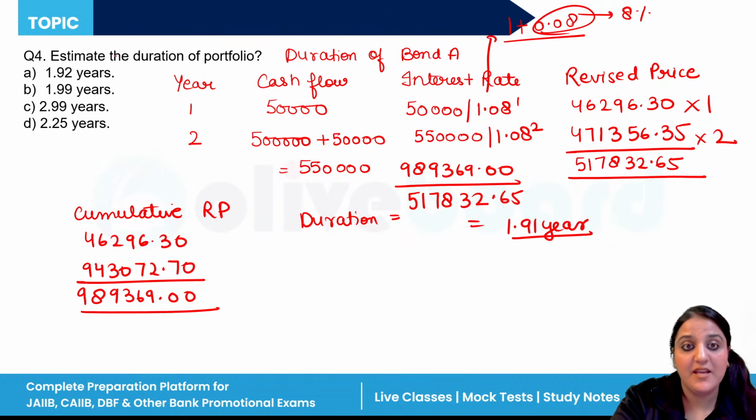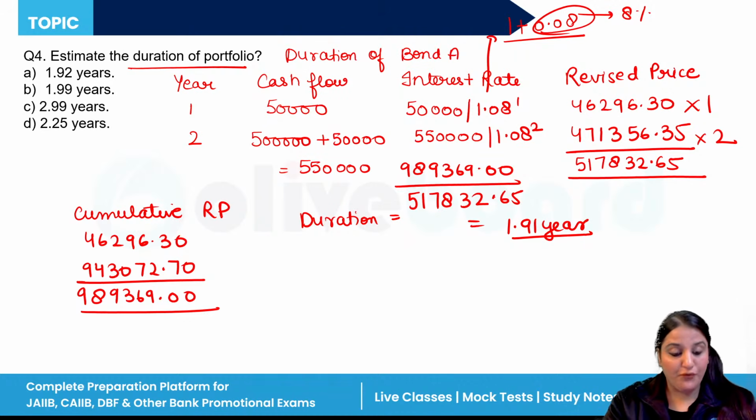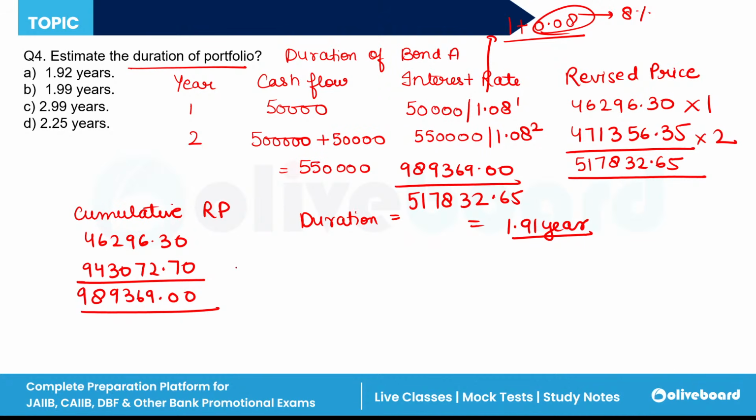Now they are asking about the duration of portfolio. Portfolio means together. So for duration, here we have to write the bonds, which is A, B and C bond, right?